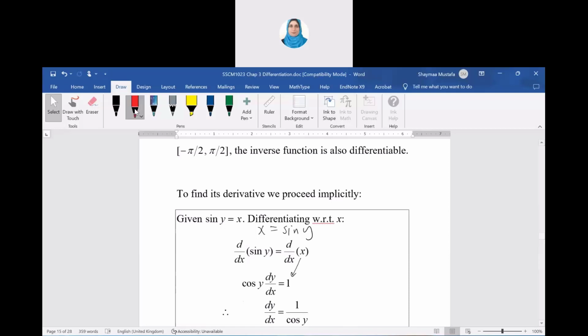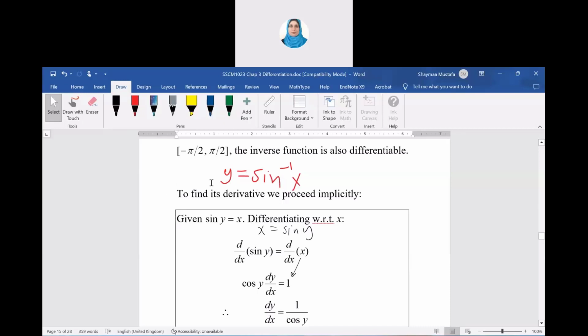My function, that I need to find its derivative, is y equal to sine inverse x. I need to find dy over dx. So y equal to sine inverse x, this means that sine y equal to x.